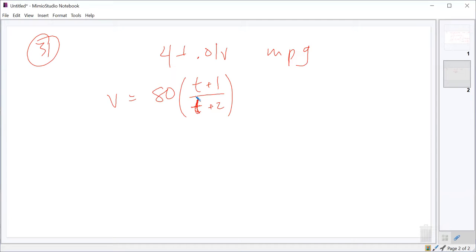And we want the amount of gas in gallons in the first 2 hours.